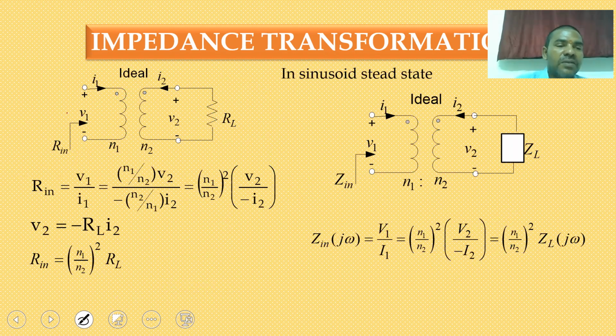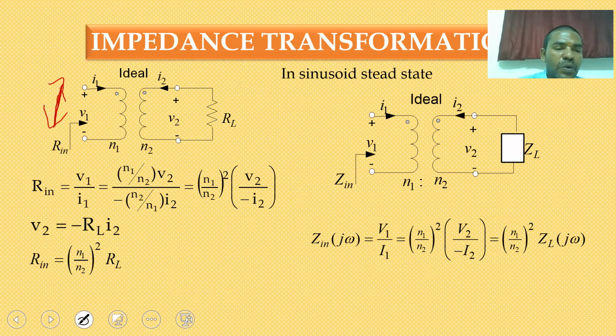Let us take that resistance value as R_in. By Ohm's law, R_in is voltage by current, so primary voltage V1 divided by primary current I1.